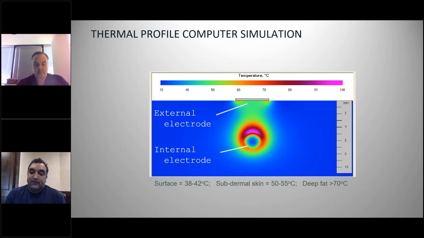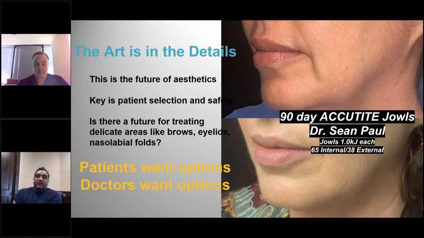As for the external electrode, I use the Morpheus quite a bit with these patients, but on patients who you aren't using that on, there is a way to really focus on the external temperature as well. And so you can create those superficial skin and rhytid changes that you may want to focus on with certain patients. So I think that the key things we want to focus on is this is the future of aesthetics. Patients are going to want additional options.